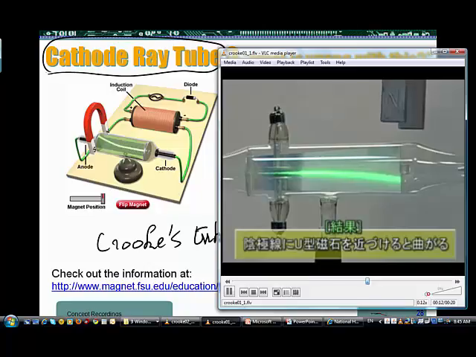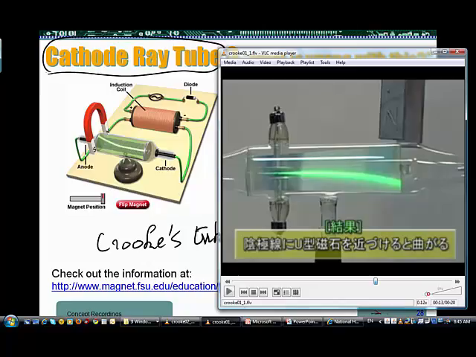Now, what we want out of this is to figure out the direction of the force acting on the electrons. As you notice here, we have the north pole of the magnet towards us and the south pole on the other side of the tube. Under this configuration, the magnetic field lines are going to move from the north pole towards the south pole, which means they are perpendicular to the screen, into the screen.